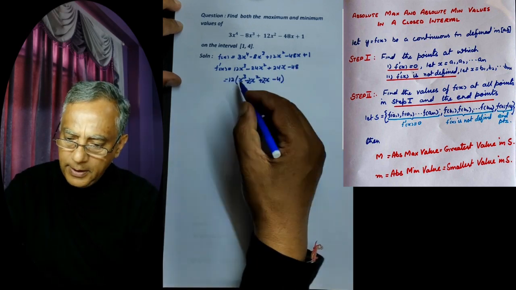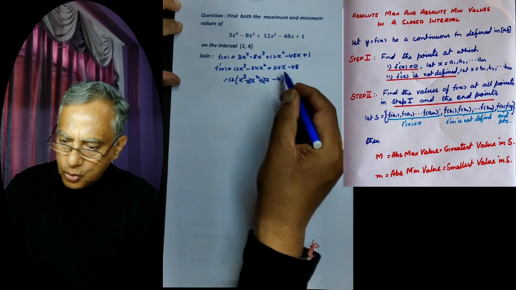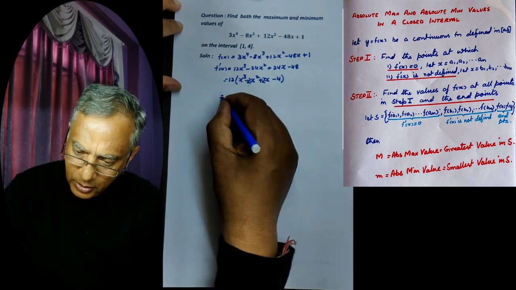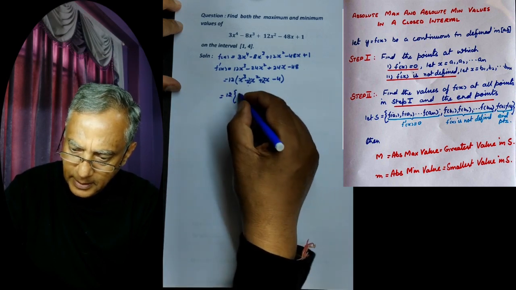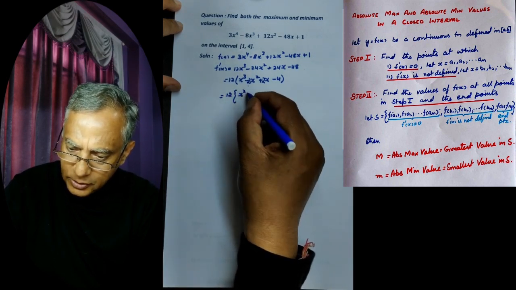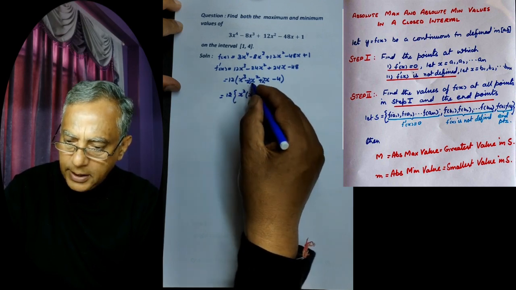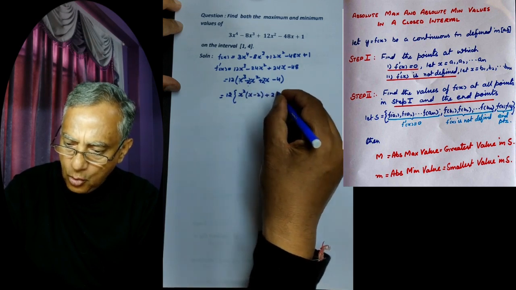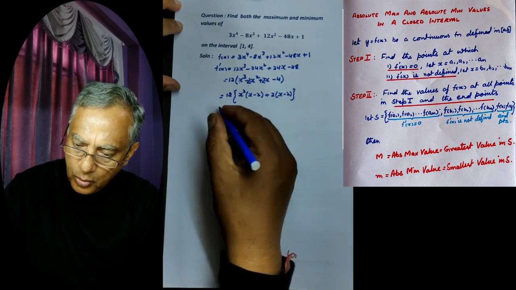Now 12 is common. We are left with x cube minus 2x square plus 2x minus 4. Taking x square common, we get x minus 2, plus 2 into x minus 2.